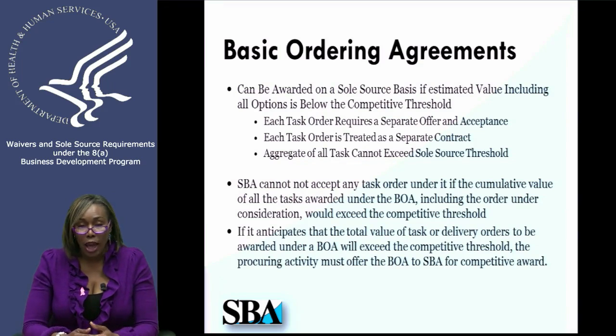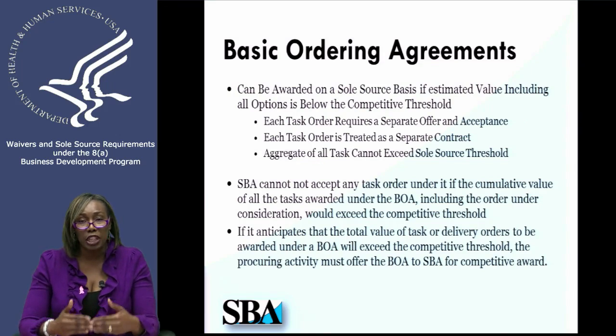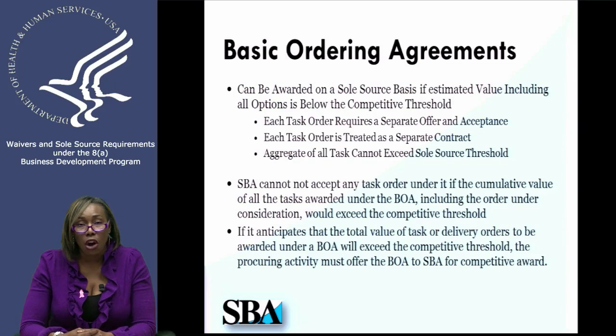So if you have a $4 million threshold, you can offer, we will accept those orders against your basic ordering agreement. However, once you get to the $4 million mark, it stops. If the firm graduates the program, it ends, because those requirements, the firm should be an active participant with the basic ordering agreement, because each one of those task orders are considered new contracts.